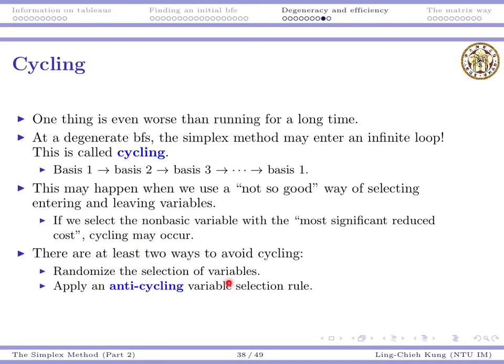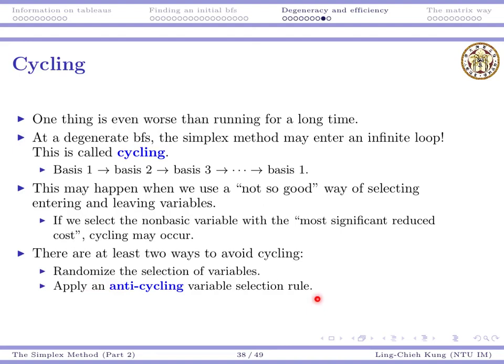One is that when you have multiple candidates, you just randomize your selection. Okay? If that's the case, because you are not going on a deterministic route, then definitely sometime later you will exit this loop. So randomization is a way. Another way is to apply an anti-cycling variable selection rule.